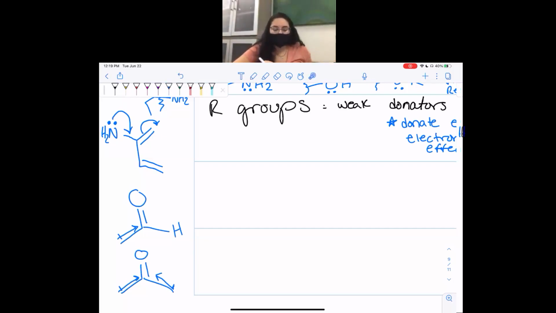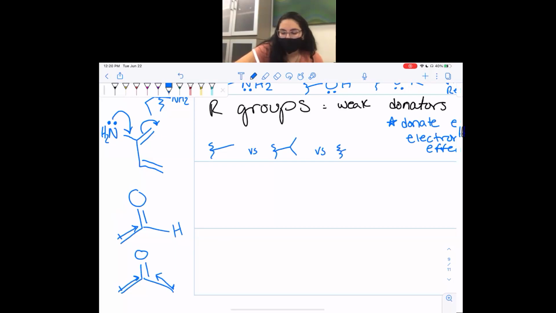The more methyl or the more carbons you have, the more you're going to donate. So for example, we're going to use that squiggly again. If we have a methyl versus this guy versus this guy, let's call them 1, 2, and 3. Which one do you think is going to donate the most electron density?